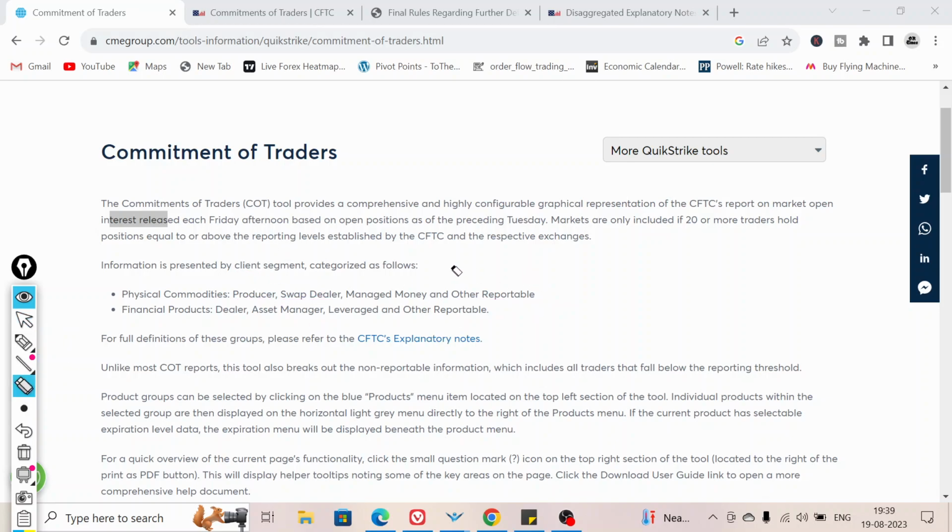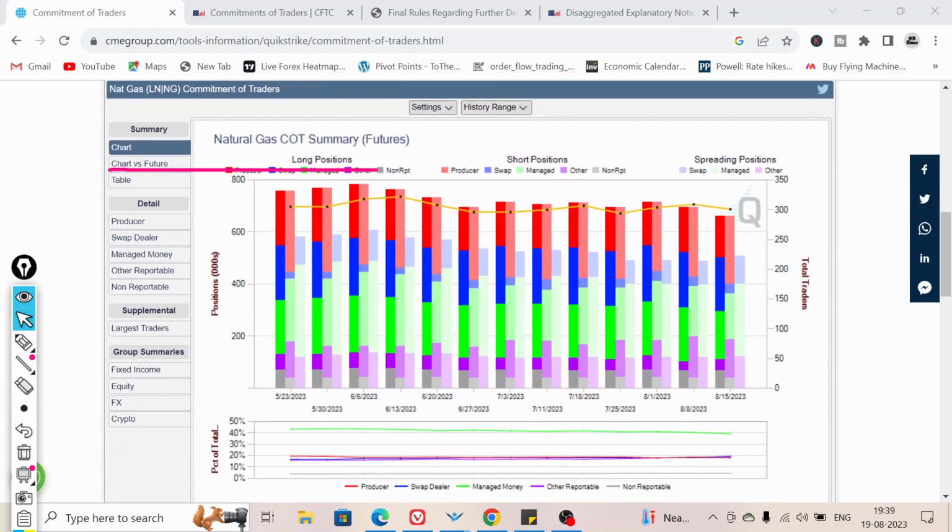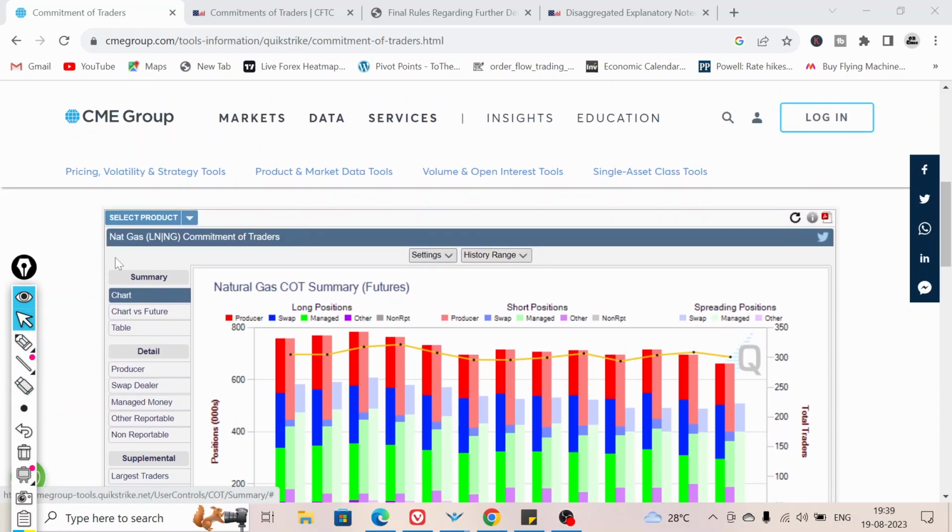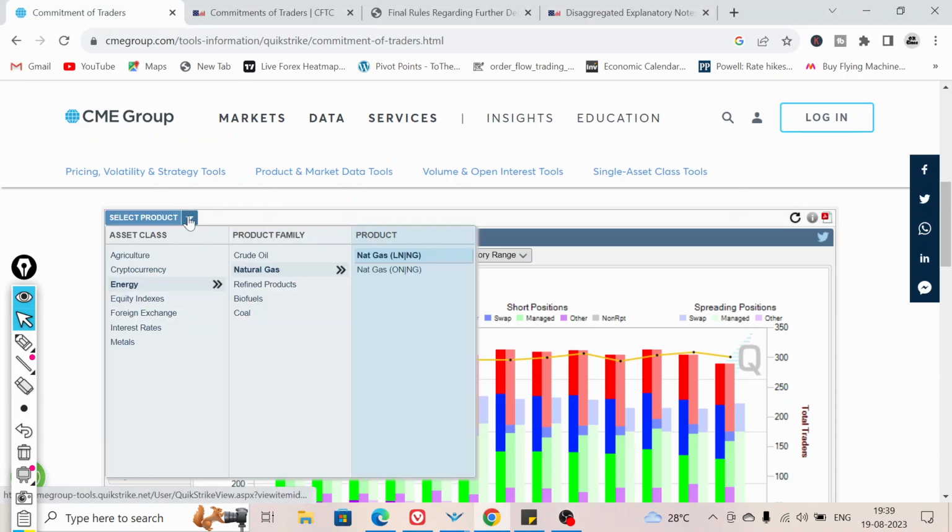If we scroll down from this menu, commitment of traders, you can see down here we have the report itself. From the product you can select right over here. When you click on select product, you can choose. I'm going to choose metal.